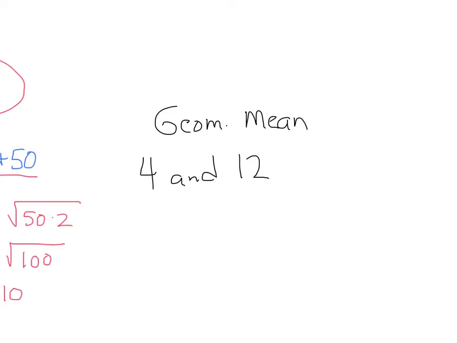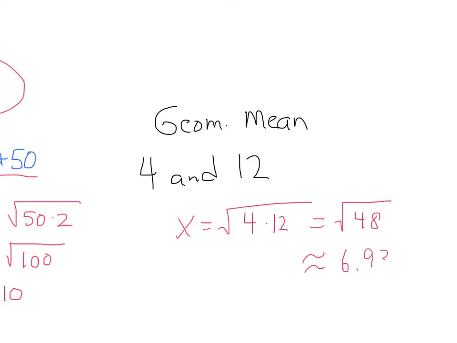I'm going to go right to the shortcut. The geometric mean is equal to the square root of their product, 4 times 12. So x equals the square root of 48. And we can go into our calculator and get an answer of 6.93. 6.93 would be the geometric mean between 4 and 12.